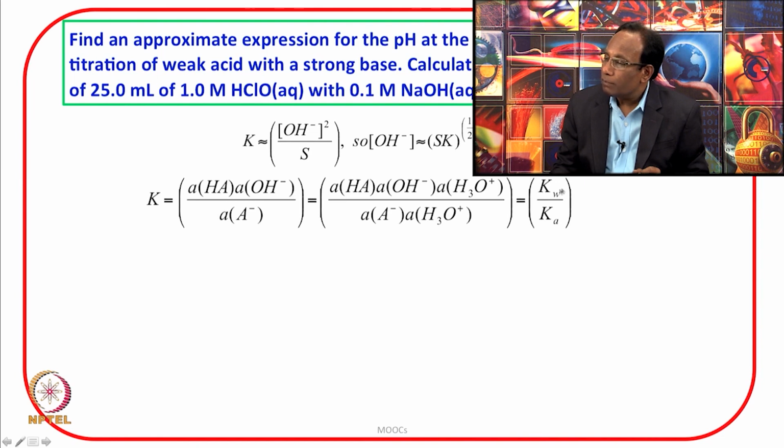This is equal to Kw by Ka, because this is Kw and Ka reciprocal of Ka is A into A of HA over A minus into A H3O plus. These are the activities.